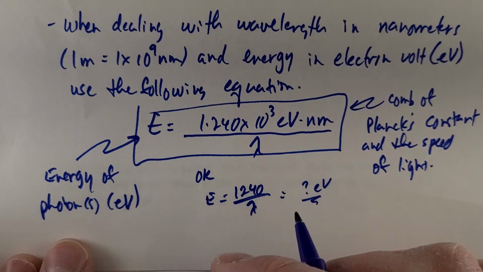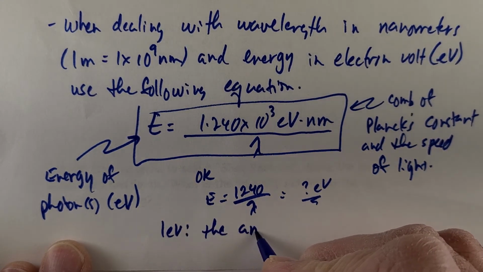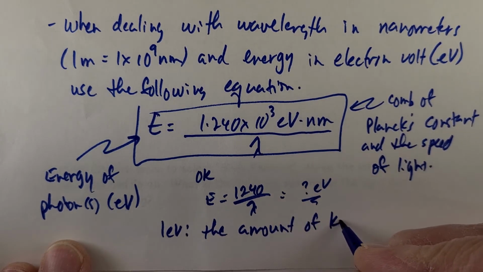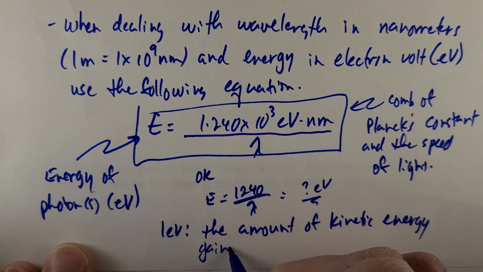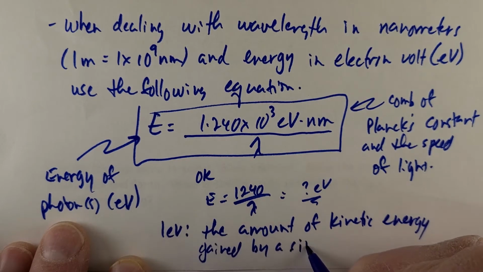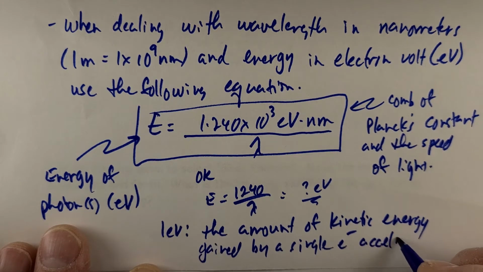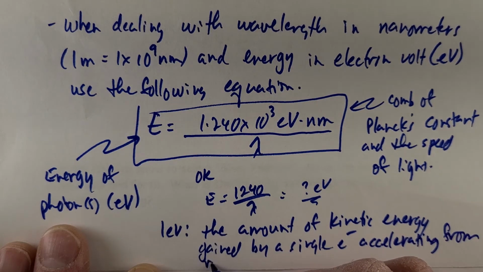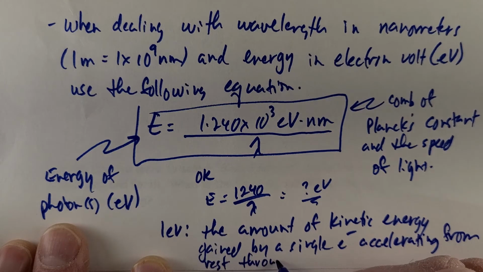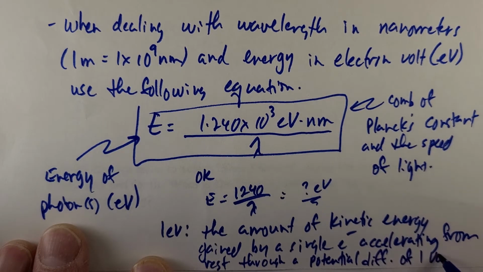Okay, now an electron volt, let's maybe define what that is. So 1 electron volt, that's the amount of kinetic energy gained by a single electron accelerating from rest through a potential difference or voltage of 1 volt.